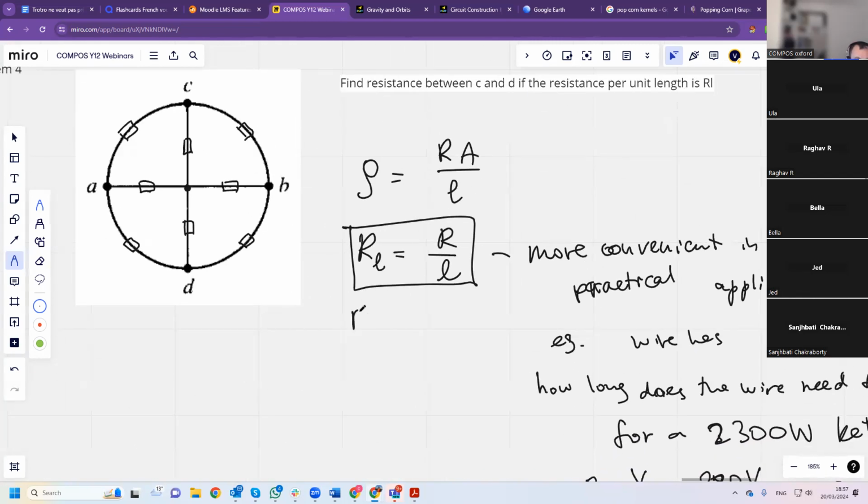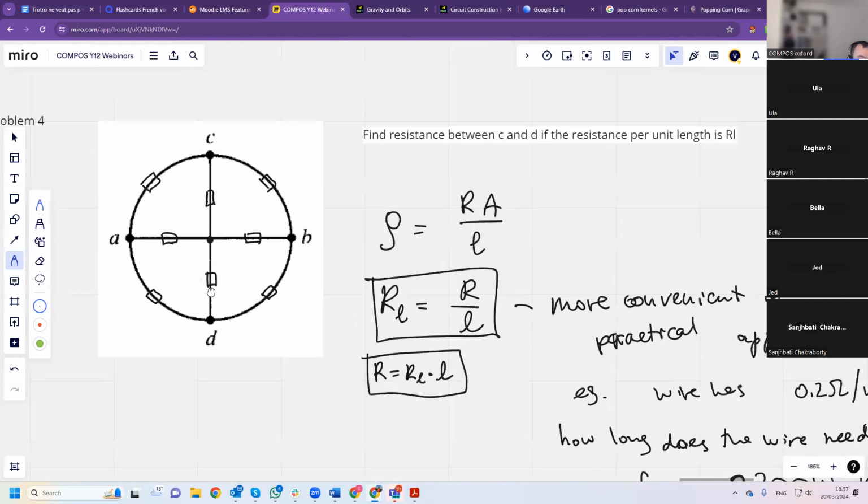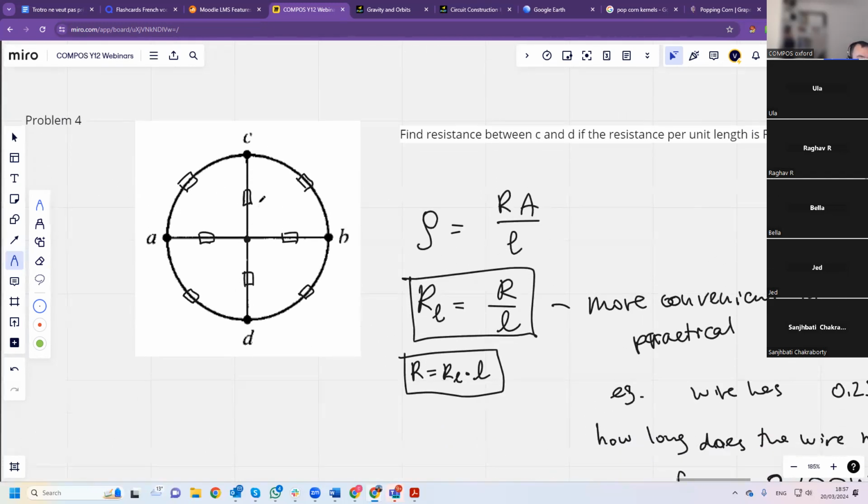So the resistance is the resistance per unit length multiplied by the length of the wire. If the radius of the circle is r, then the resistance of this wire is r RL, r RL, r RL, r RL.